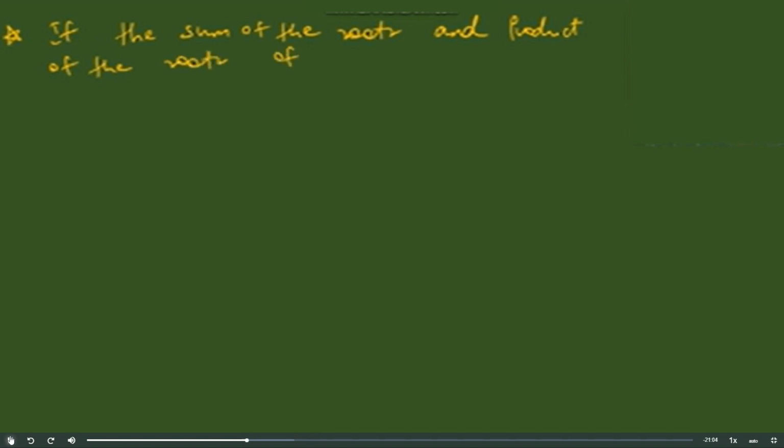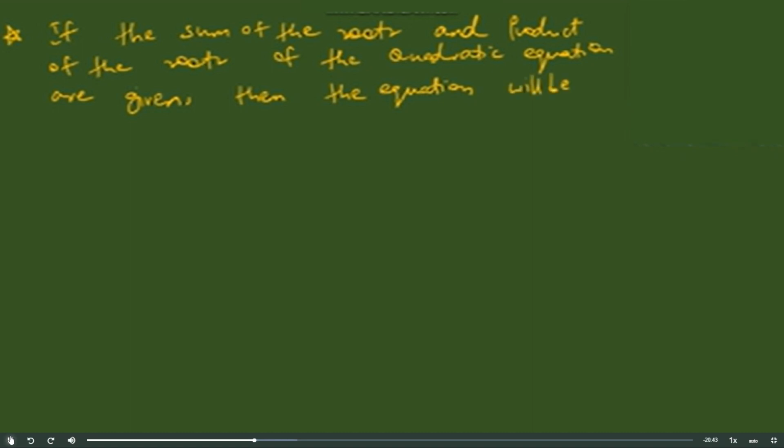Now from the above two things I can say that if the sum of the roots and product of the roots of the quadratic equation are given, then the equation will be x square minus sum of the roots into x plus the product of the roots is equal to 0.